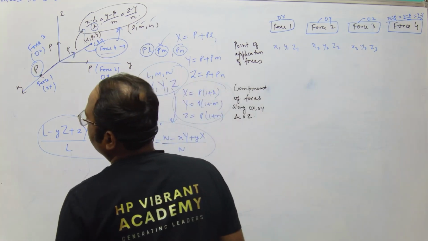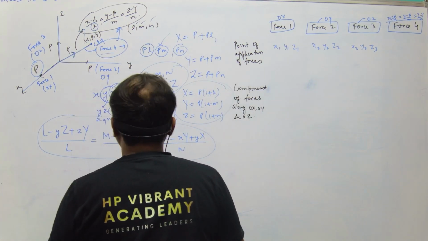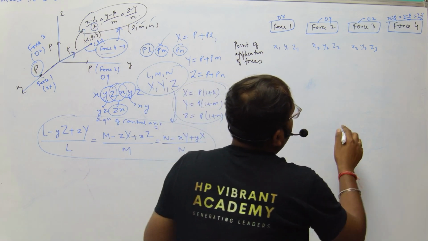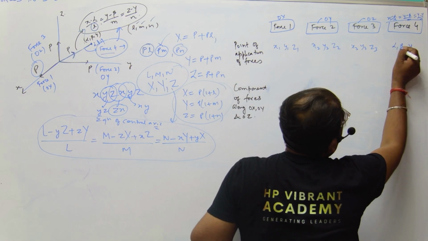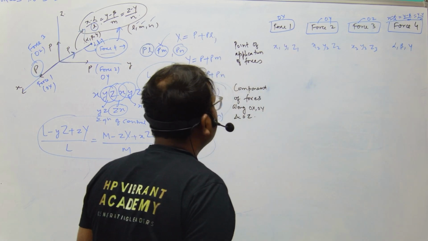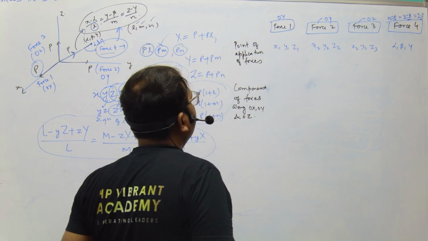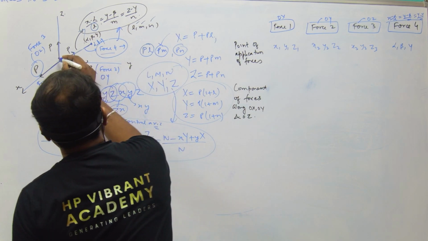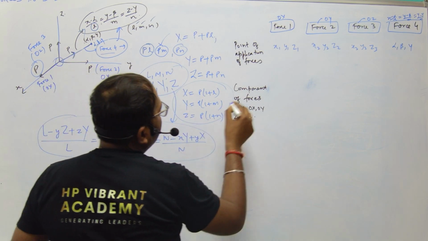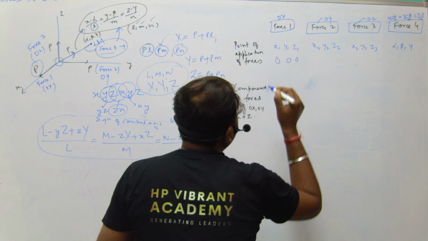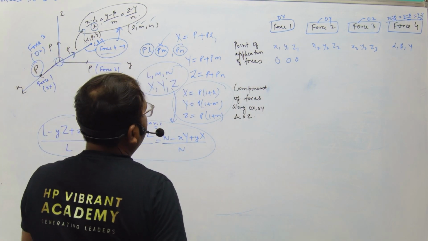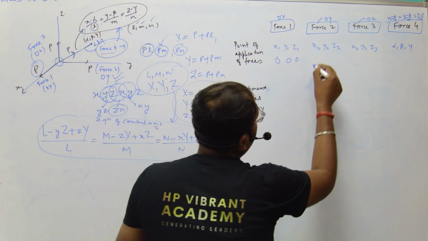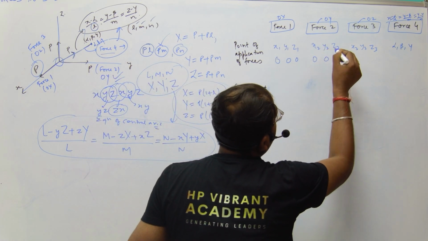Okay, in the question it is written as, so the straight line is given by this particular expression. So force 4 will act at alpha, beta and gamma. Okay. So now the point of application of force 1 is origin. At origin the force 1 is acting. So this is 0, 0 and 0. Okay. Force 2, this is acting along y axis. So the coordinate will be 0, 0 and 0.